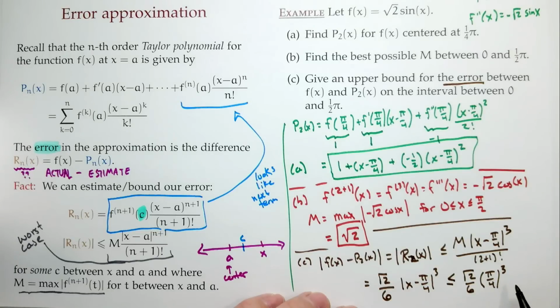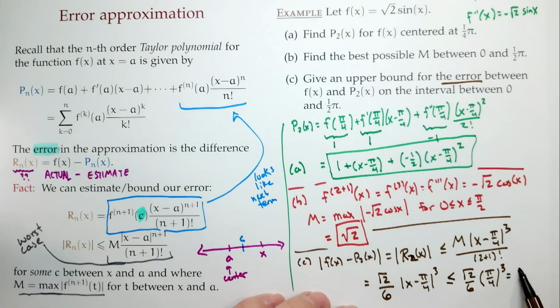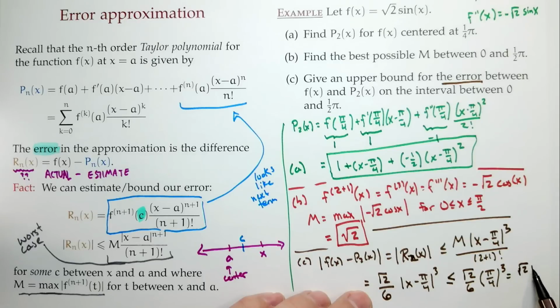And okay, so that's root 2 pi cubed, divided by 6 times 4 cubed, which is 6 times 4 cubed, right? You didn't think I'd know what the answer to that is. Well, you're right.